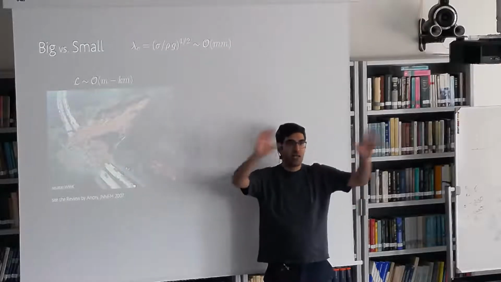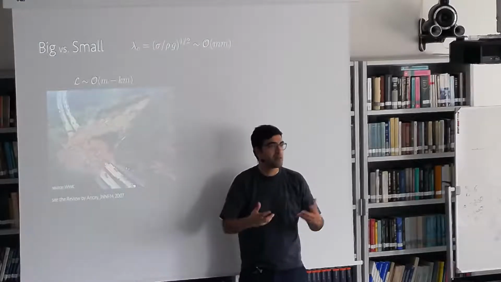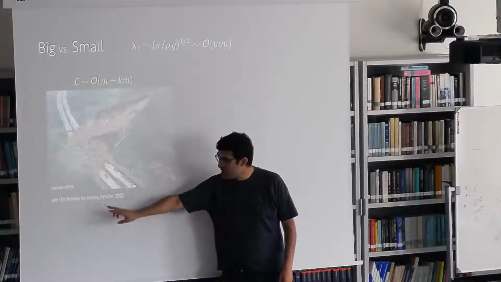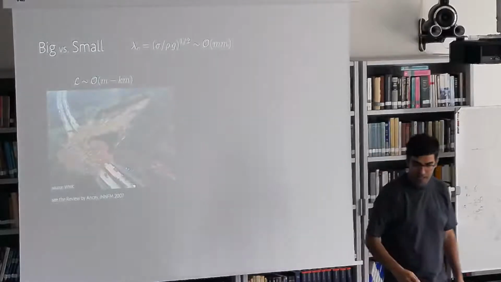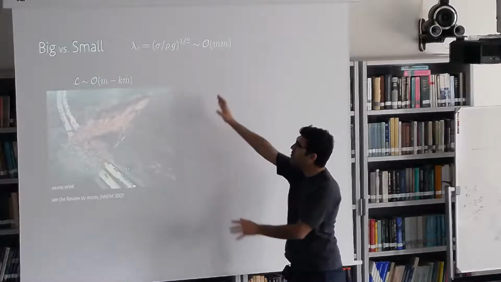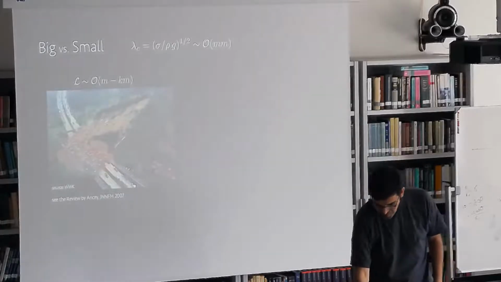You step back and look at it as a continuum mechanics problem, and you say my mud has some yield stress in it. It's a viscoplastic material and flows. There's a very nice review by Christophe Ancey on that. But there, the scales are so big that you don't care about surface tension, because it's basically all gravity driven.